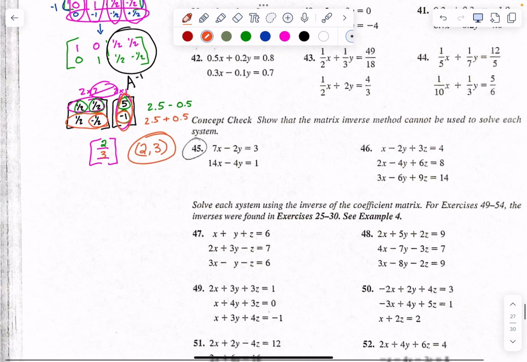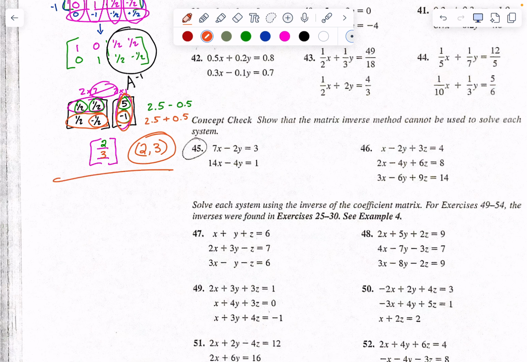Show that the matrix inverse method cannot be used to solve each system. We're going to start this one like we did 34. Here's my A matrix: 7, negative 2, 14, negative 4, times the X matrix, which is X, Y, gives me the B matrix, which is 3, 1.